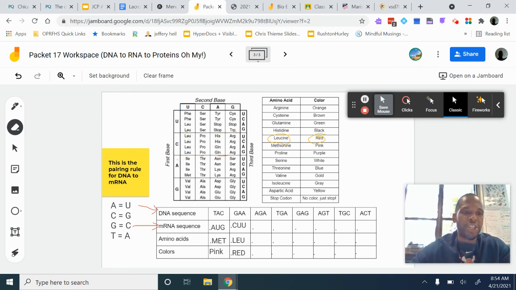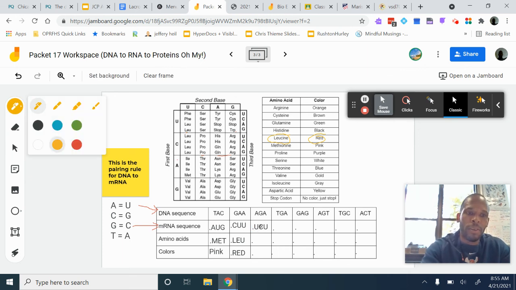So next we got AGA. Following our base pair rule, A goes with U, G goes with C, and A goes with U. Now we got to go first base, second base, third base for UCU.